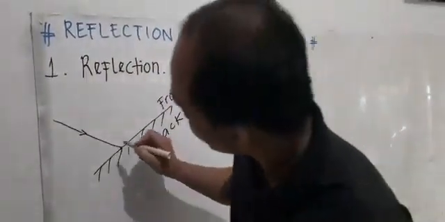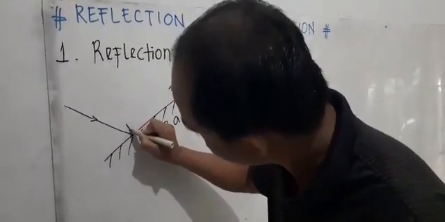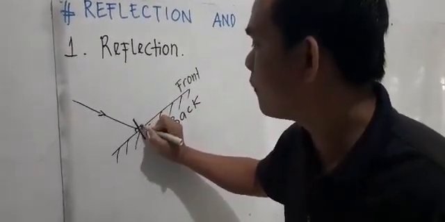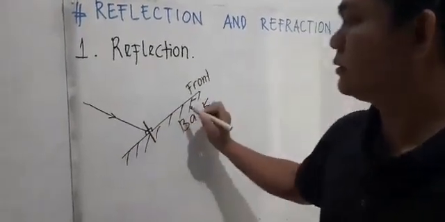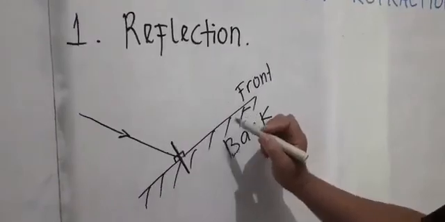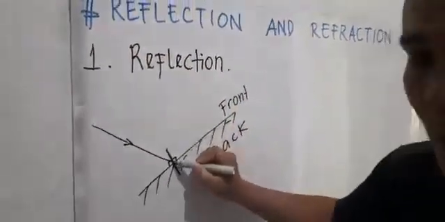The first thing that we have to draw is the normal. The normal line is the line that is perpendicular to the surface of the area, the surface that the light comes to at the point.